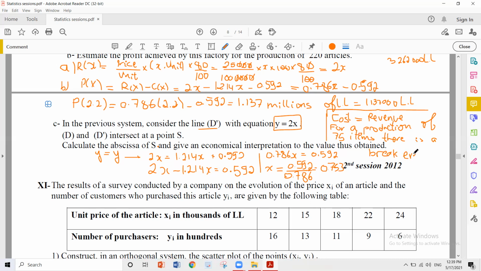Oh, no gain, no loss. If demand equals supply, what do we call it, if you remember? Demand equals supply, we call it market equilibrium. Yes, market equilibrium. How do we call this? Break even. No gain, no loss.